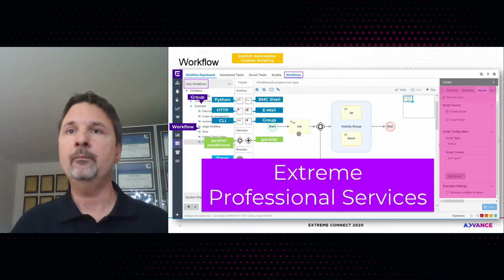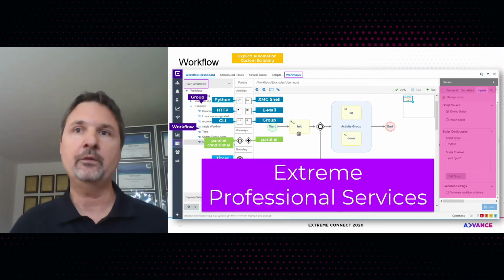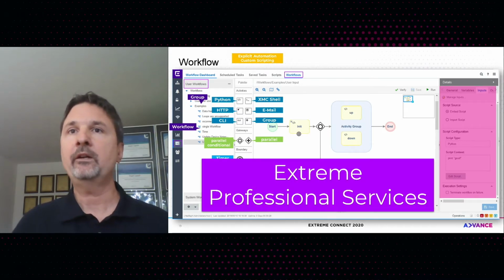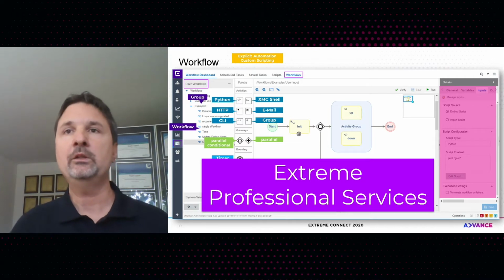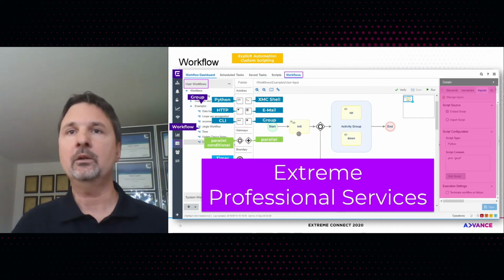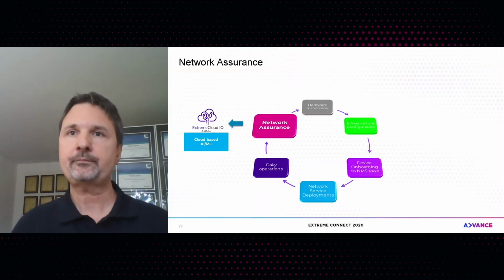You can use Extreme professional services for that as well. And these are very targeted, and we have a very nice GUI tool to provide those scripting capabilities and workflows with our network management tools. In the demo, you will also see a little bit of workflow used as well.